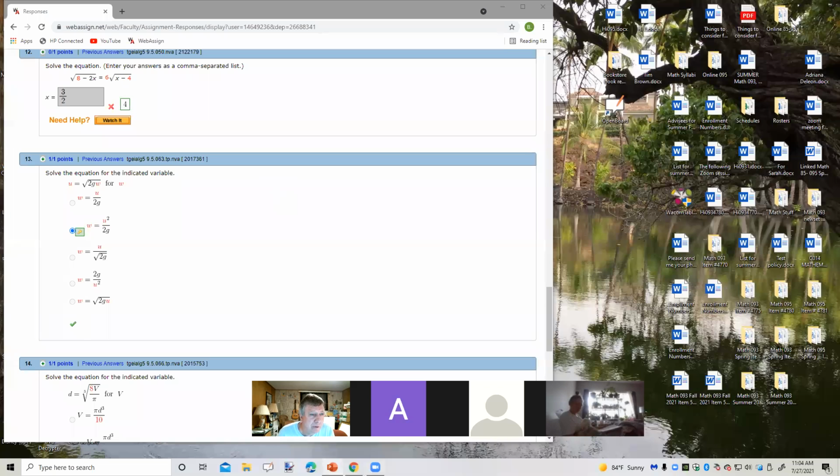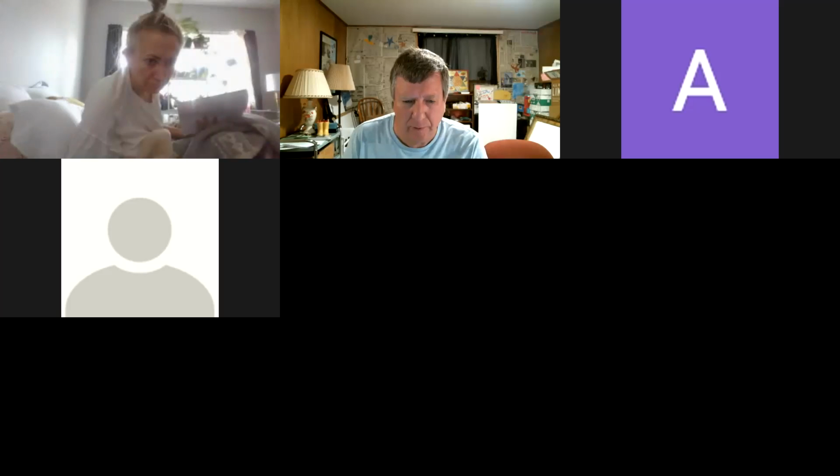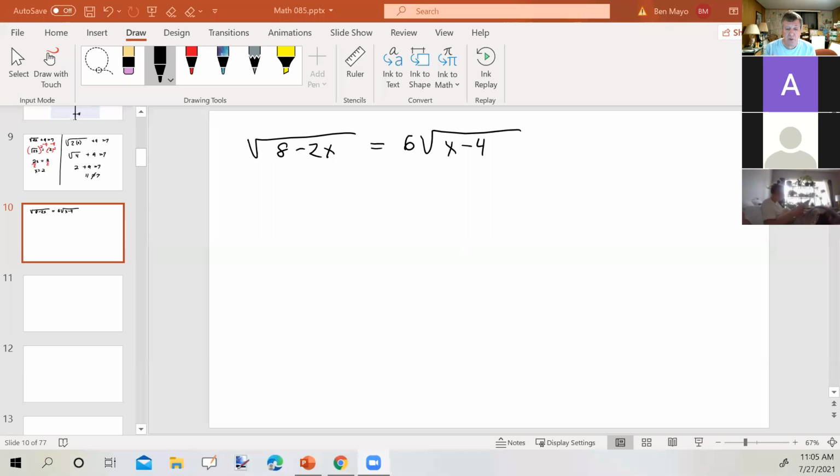So it says, solve the equation, enter your answers as a comma-separated list. Okay, so we've got the square root of 8 minus 2x equals 6 times the square root of x minus 4. Okay, so taking a look at the whiteboard screen, we have an equation with 2 radicals, but only 2 radicals, and they are already separated, so that's good.